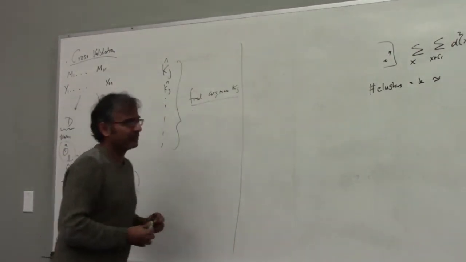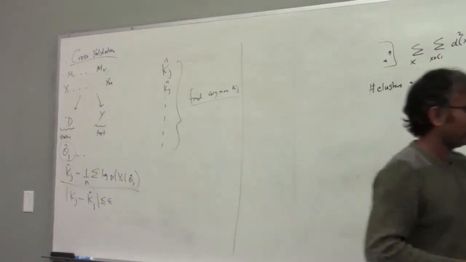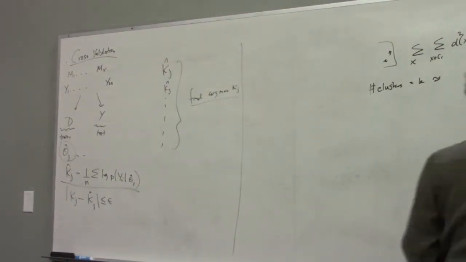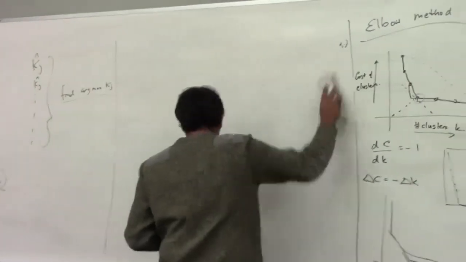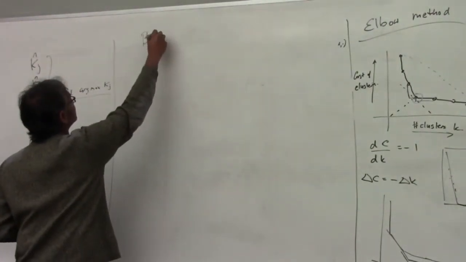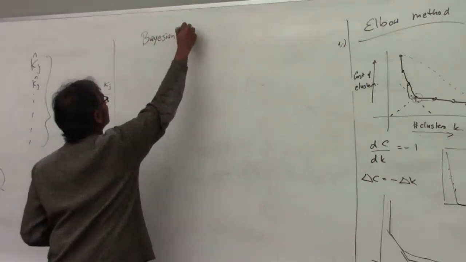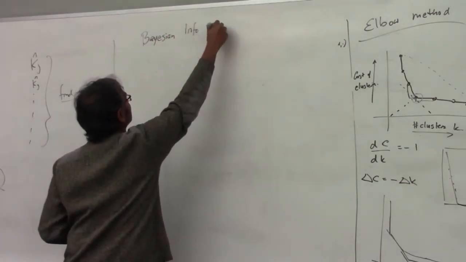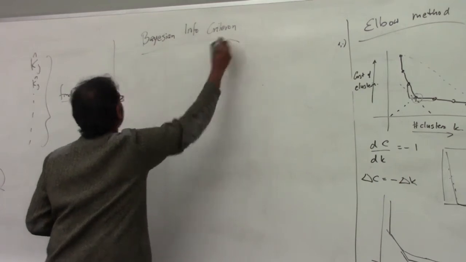The final thing I want to mention today, which is a sort of a variation on the theme of the Akaike criterion, is what is called the Bayesian information criterion. Okay.